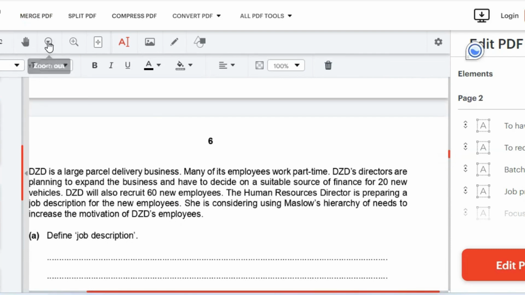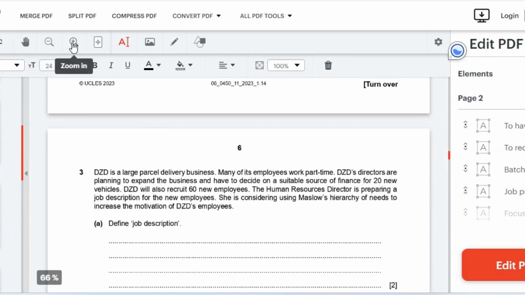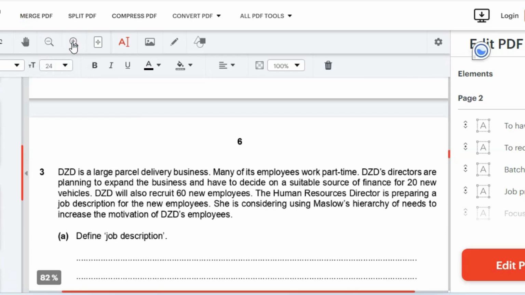Let's zoom this. Now we move to question 3. Question 3 says DZD, that's the name of their choice. DZD is a large parcel delivery business. Many of its employees work part-time. DZD's directors are planning to expand the business and have to decide on a suitable source of finance for 20 new vehicles.